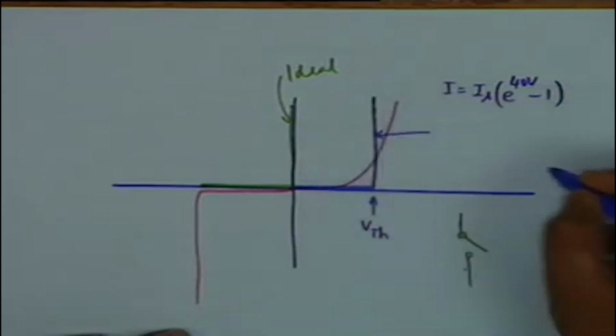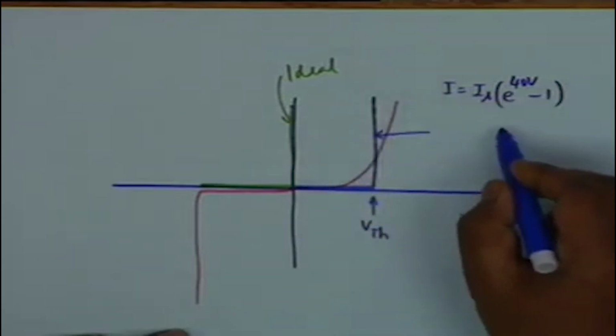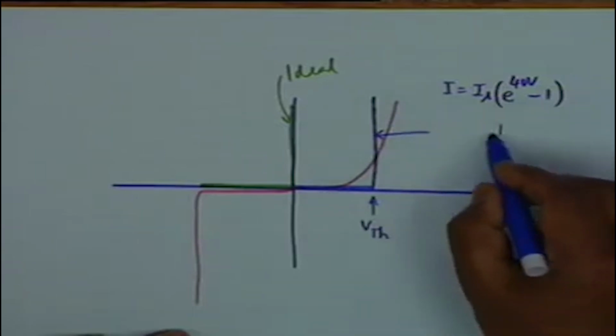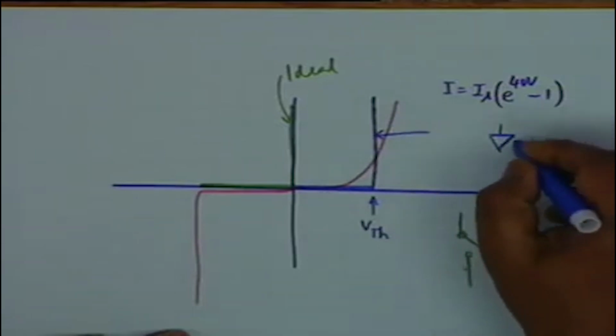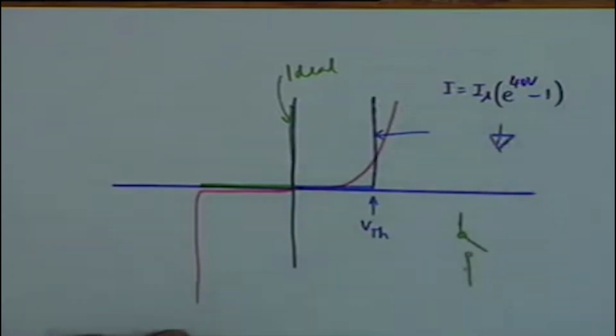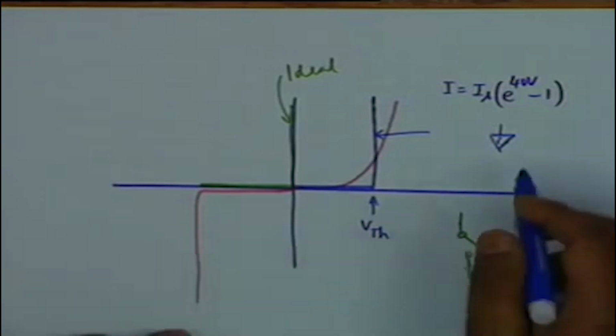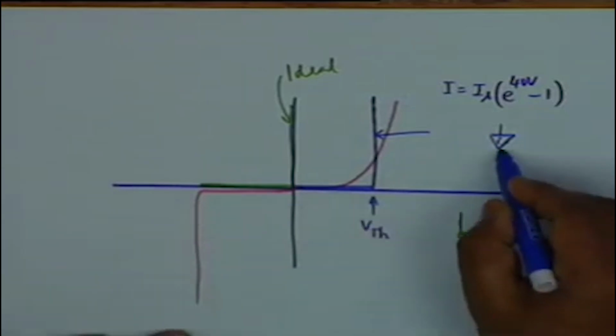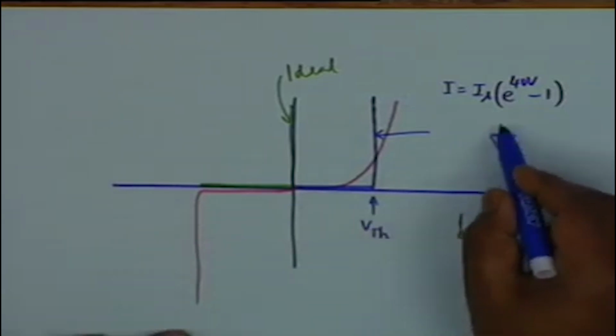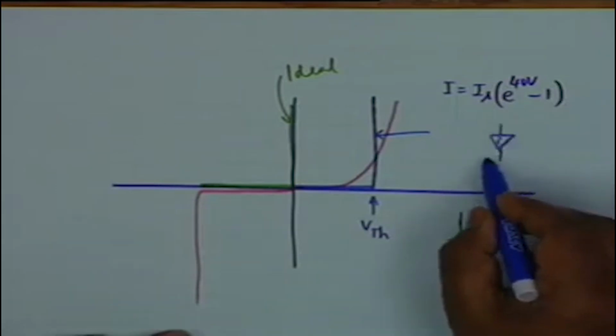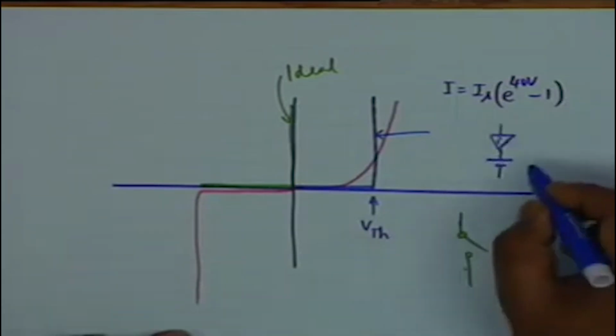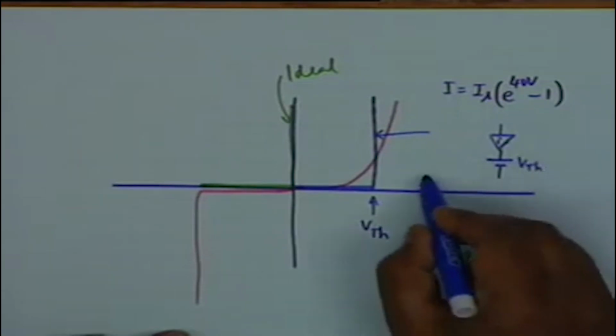Now this curve can be approximated by an ideal diode. We shall use the symbol I inside to denote that it is ideal. An ideal diode is a switch, but this diode does not conduct till this potential rises to 0.7 volts. So we have a battery which is equal to the threshold voltage.